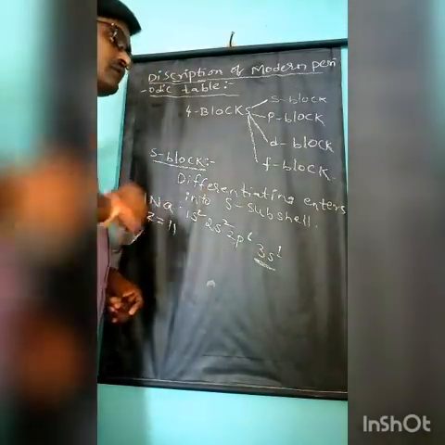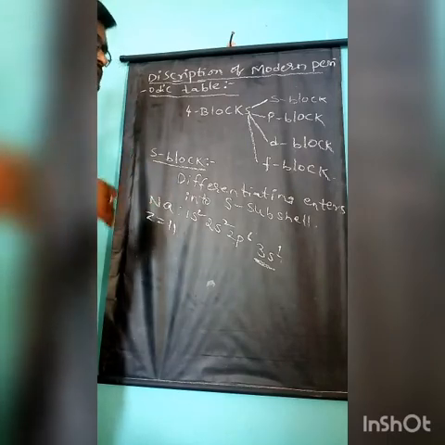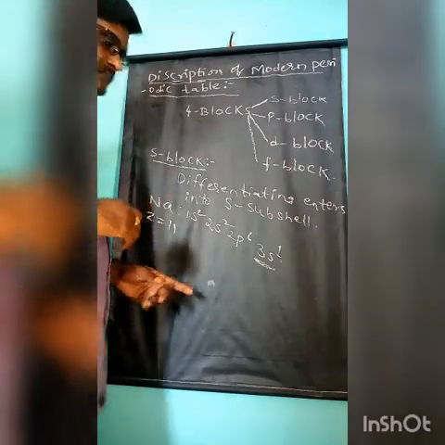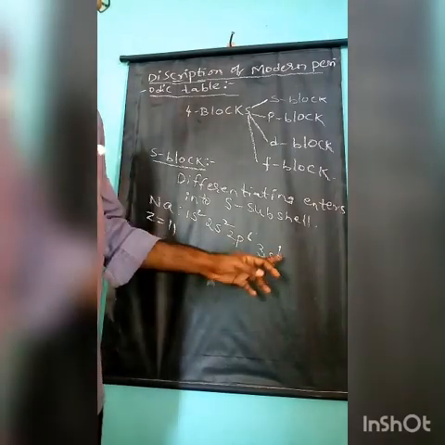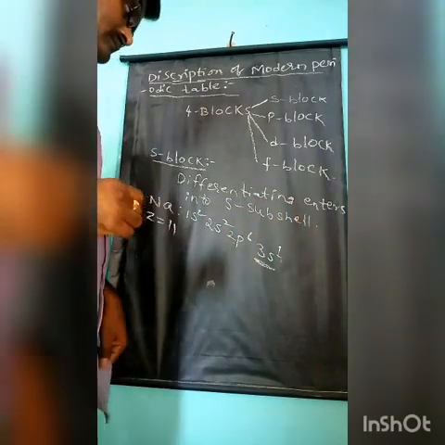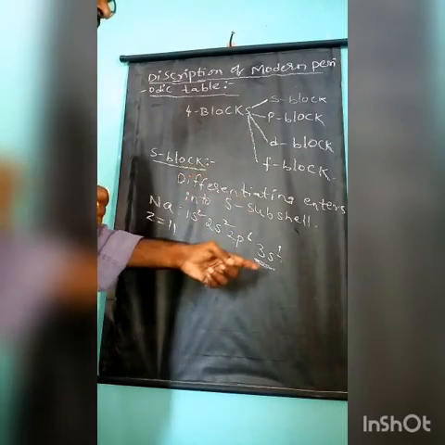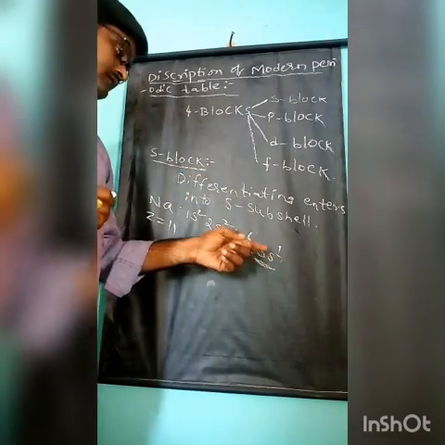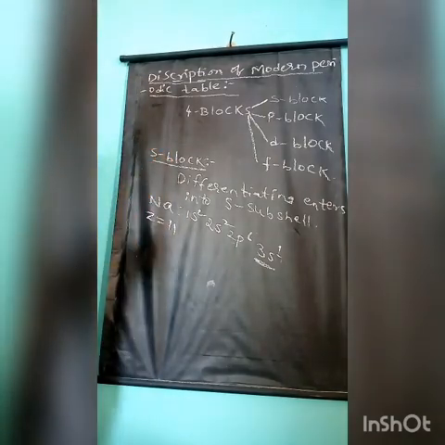This electron is called the differentiating electron. The last coming electron is known as the differentiating electron. The elements in which the differentiating electron enters into the S subshell are called S block elements.